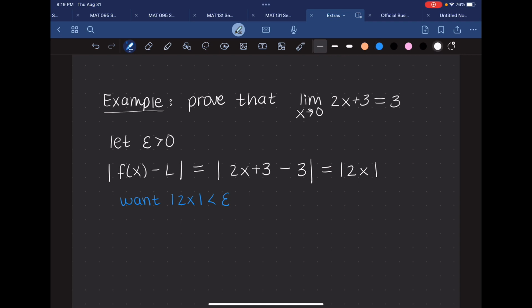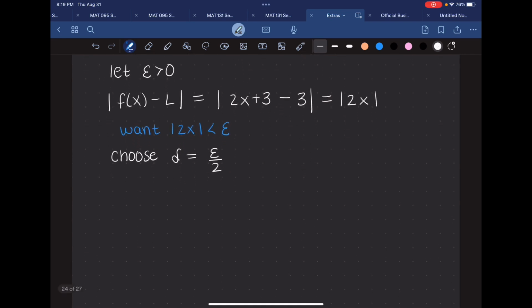Well, if we choose delta to be equal to epsilon over 2, then watch what happens. We get that the absolute value of 2x is equal to 2 times the absolute value of x.